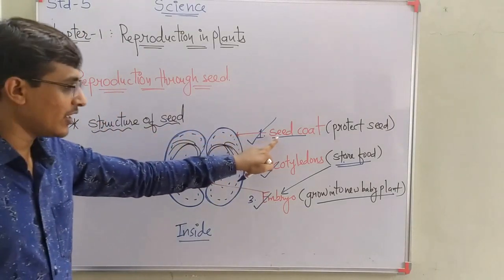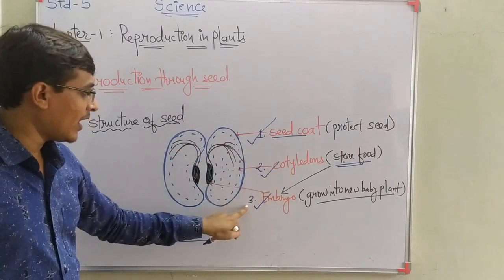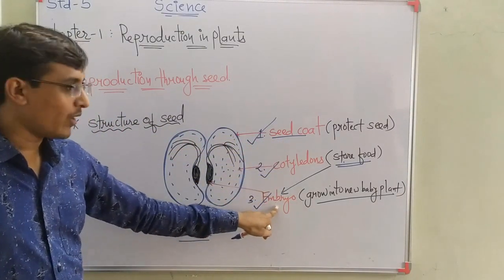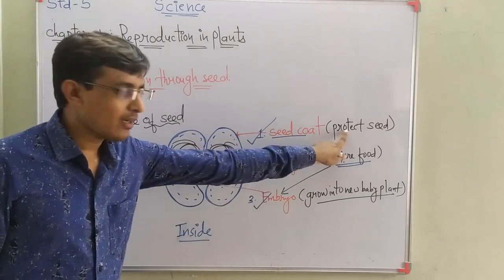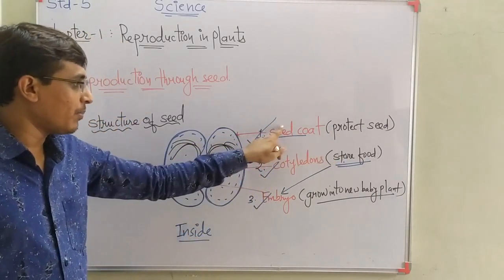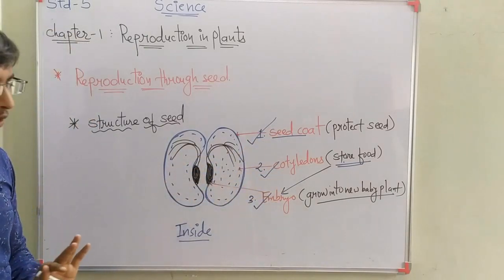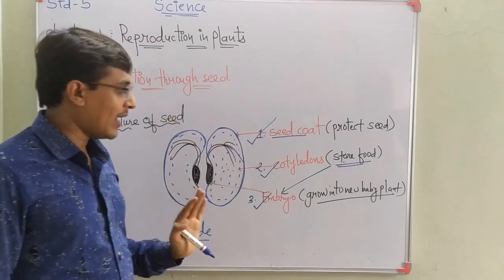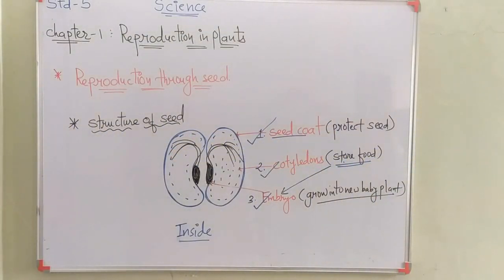The seed has three parts: number 1 seed coat, number 2 cotyledon, and number 3 embryo. The seed coat is the uppermost part, the cotyledon is beneath the seed coat, and the embryo is present inside the seed. This is very important. See the diagram and note down the points.